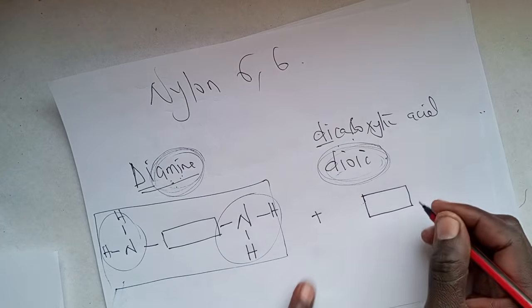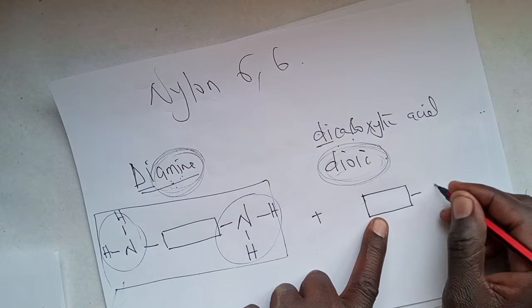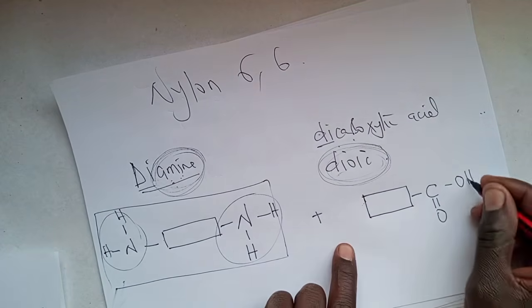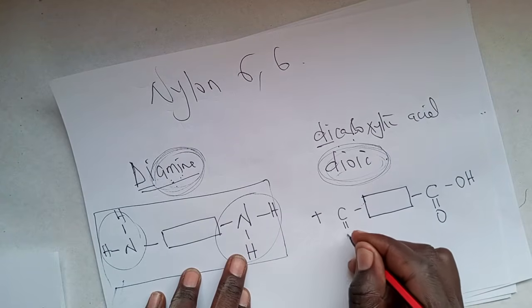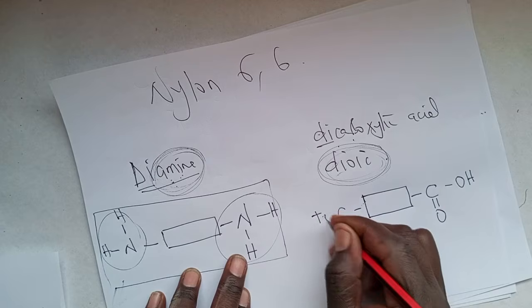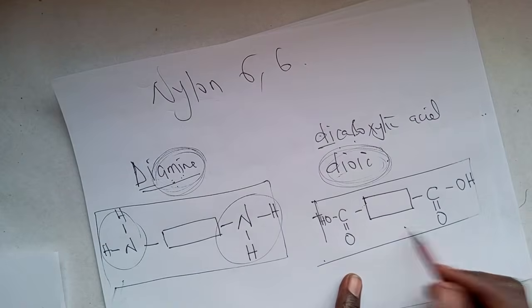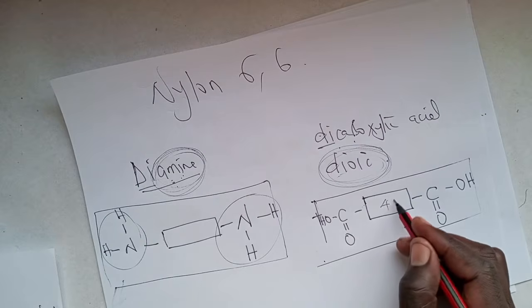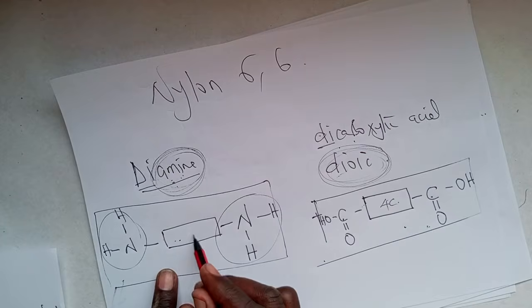This one has 4 carbon atoms, and when we include this carbon it makes 5, with an OH this side, and again we have a C and an OH this side. So this is what we call a dioic or dicarboxylic acid. This has 4 carbon atoms plus these 2 to make it 6. So this is what you should know.